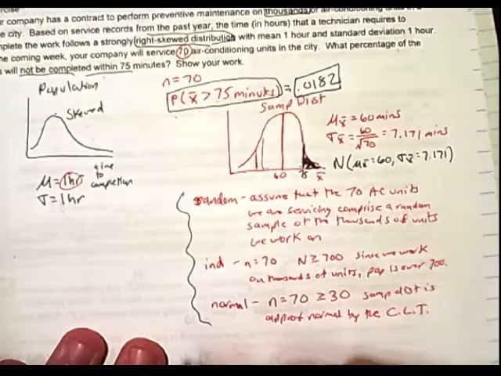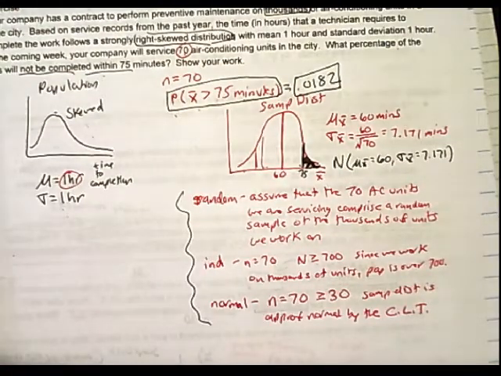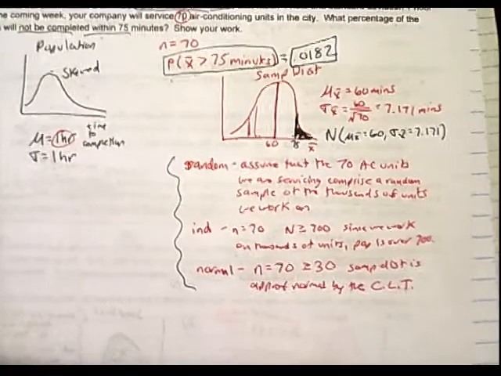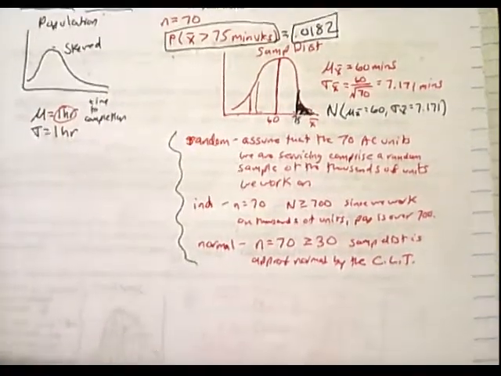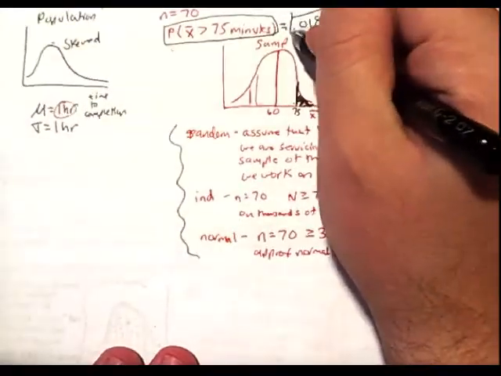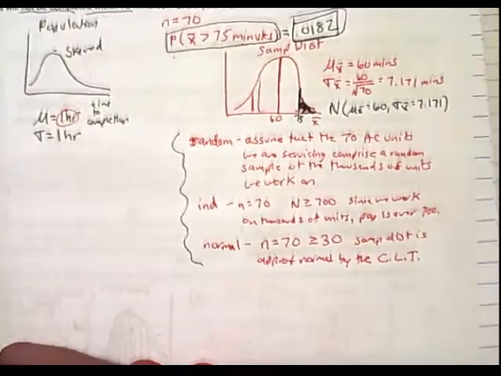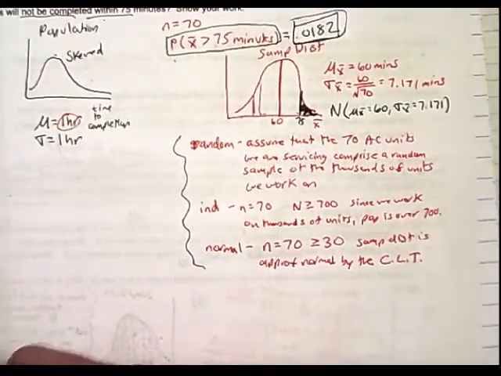This work you still have to show. You have to check the conditions. You have to show that you performed the condition check. Otherwise, they won't give you full credit for that, even if you get the right answer. Right.